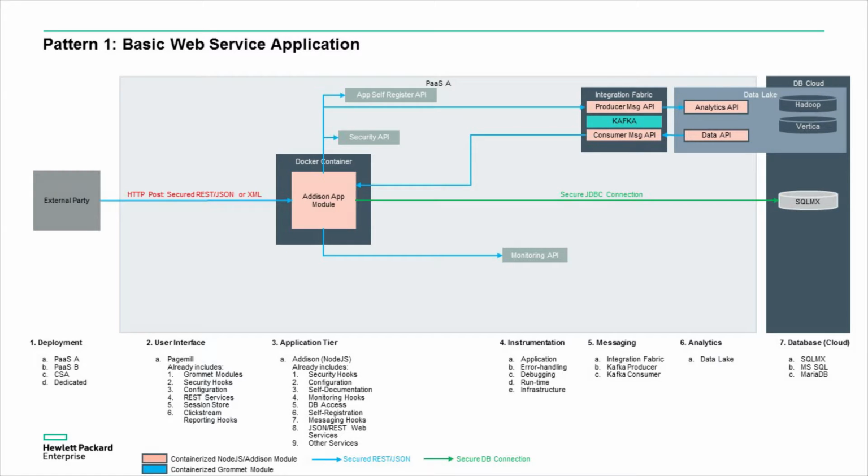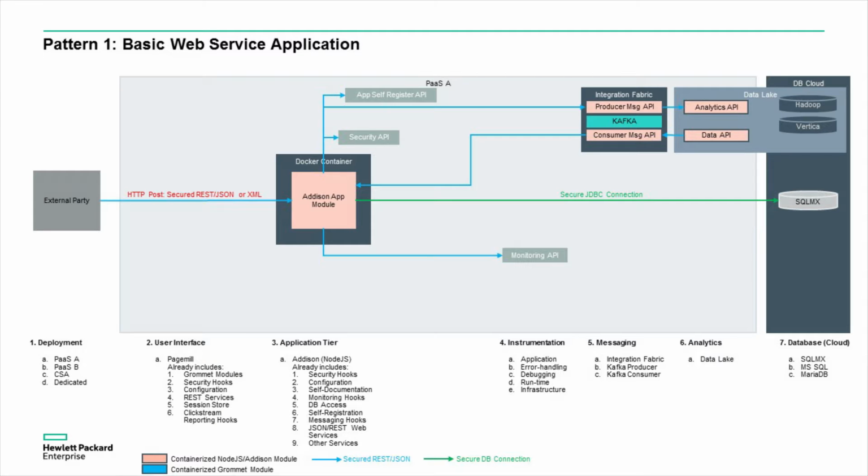Our first architectural pattern is the basic web service based on Addison. As we saw in Module 2, Addison consists of a single server JavaScript file and the bare essential configuration files to enable the server. The module only needs that core package to run as a fully working application. Addison comes fully pre-configured by adding routes, logic in the form of handlers, and any additional packages necessary to enable that logic.